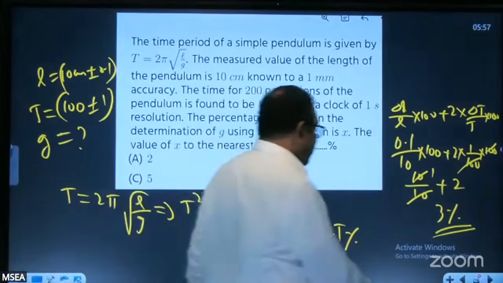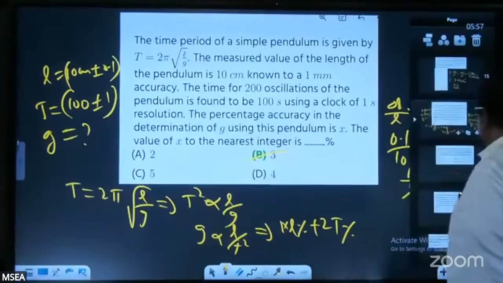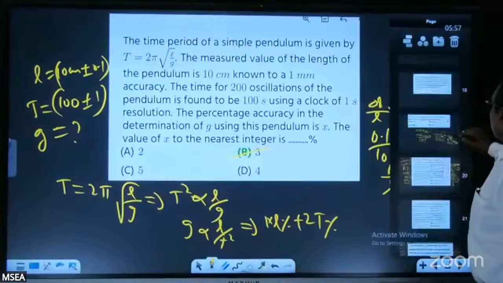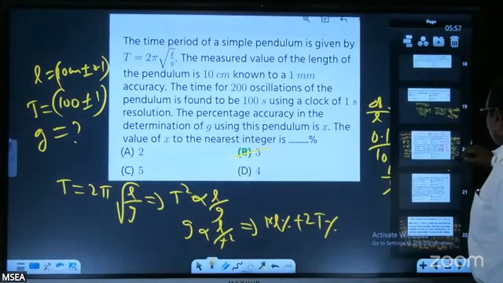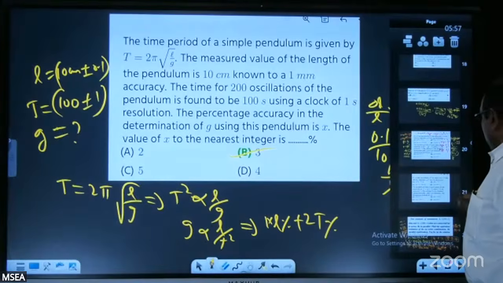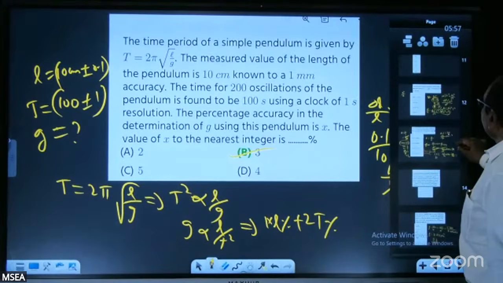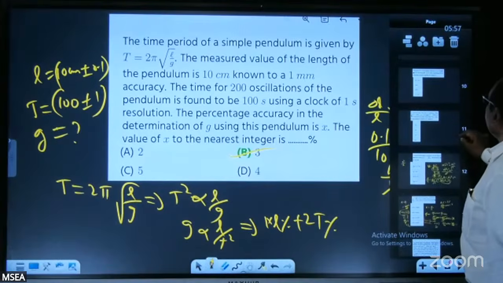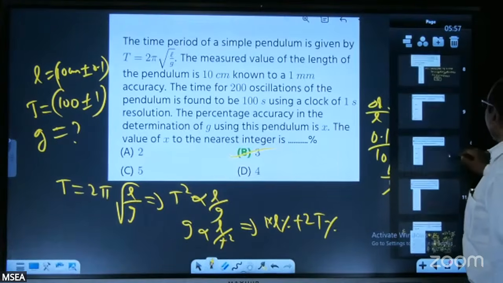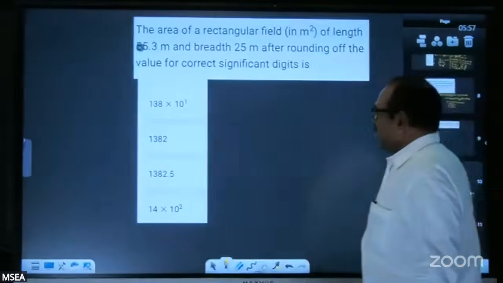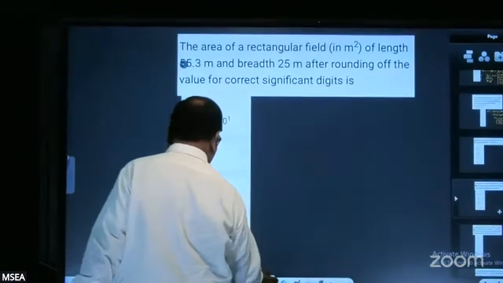One last thing we discuss before we finish this session, another point on errors. Take the area of a rectangular field.